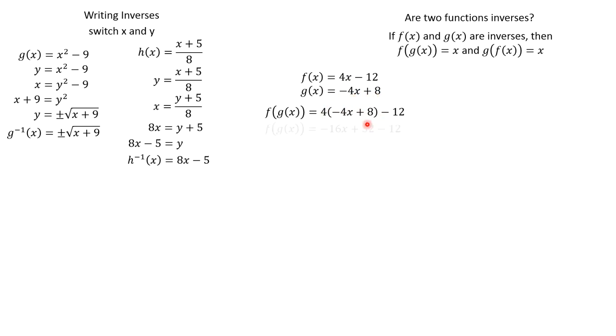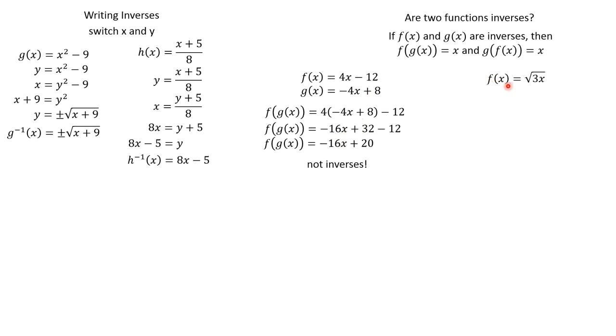Then we can distribute the 4 to get negative 16x plus 32 minus 12, which you can probably see is not going to equal x, but let's do the subtraction just in case. Negative 16x plus 20, not equal to x. So these two are not inverses. See, it just kind of got bigger, it didn't go down at all.